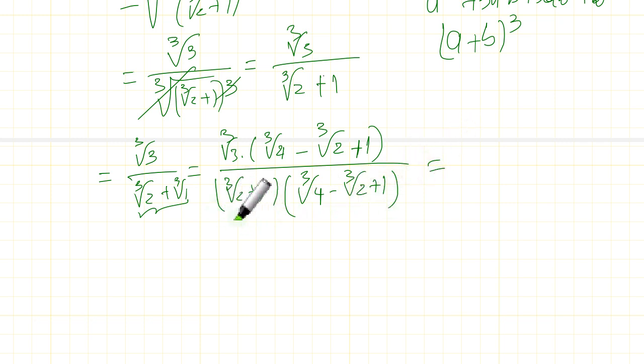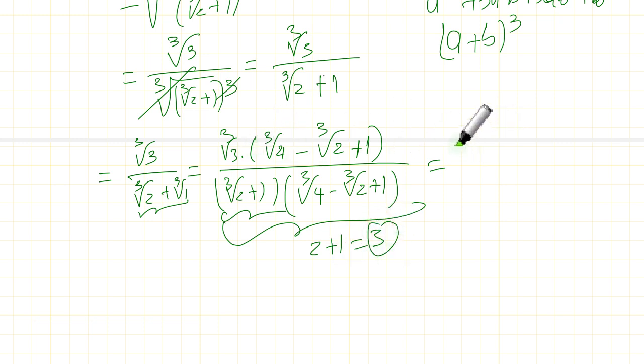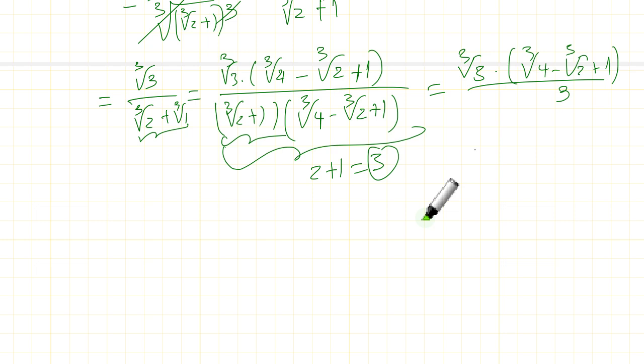This one here, this time we're gonna have 2. The product of this one here is gonna be 2 plus 1, which is gonna be 3, right? So here we're gonna have cubic root of 3 times cubic root of 4 minus cubic root of 2, and then plus 1, all divided by 3. So from there, let me multiply this with all terms here.